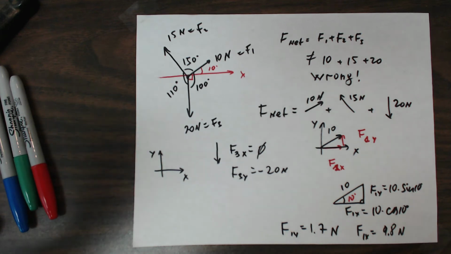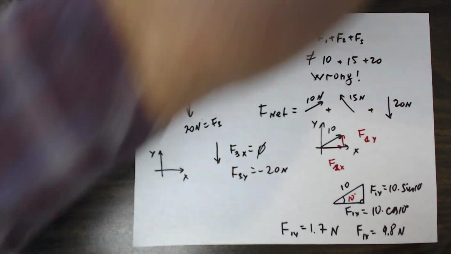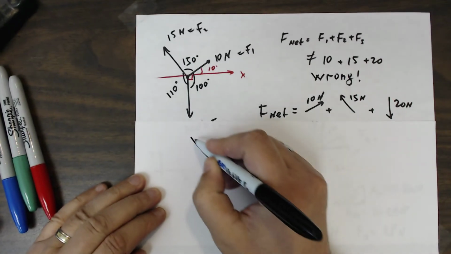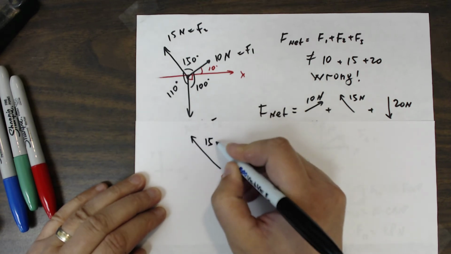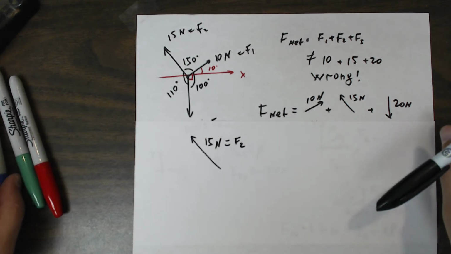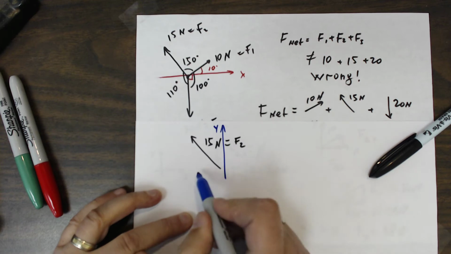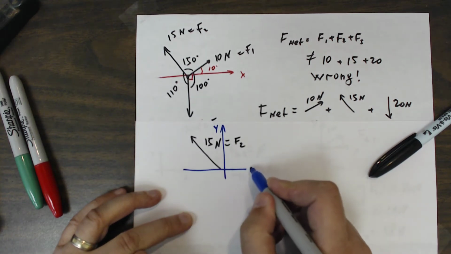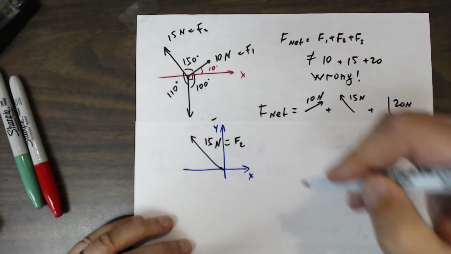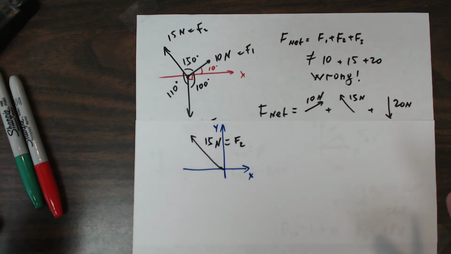Well, almost there. One more arrow. This is force number 2. Let's use the blue marker. This arrow also has two components.